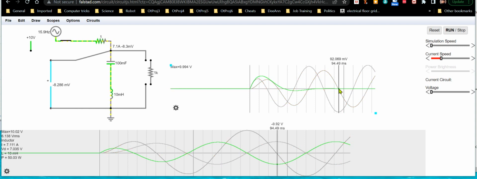what the new resonant frequency would be. It's 1 divided by 6.28, which is 2 pi, times the square root of 0.1 times 0.01 for the component values. So that would be about 5.03 hertz.